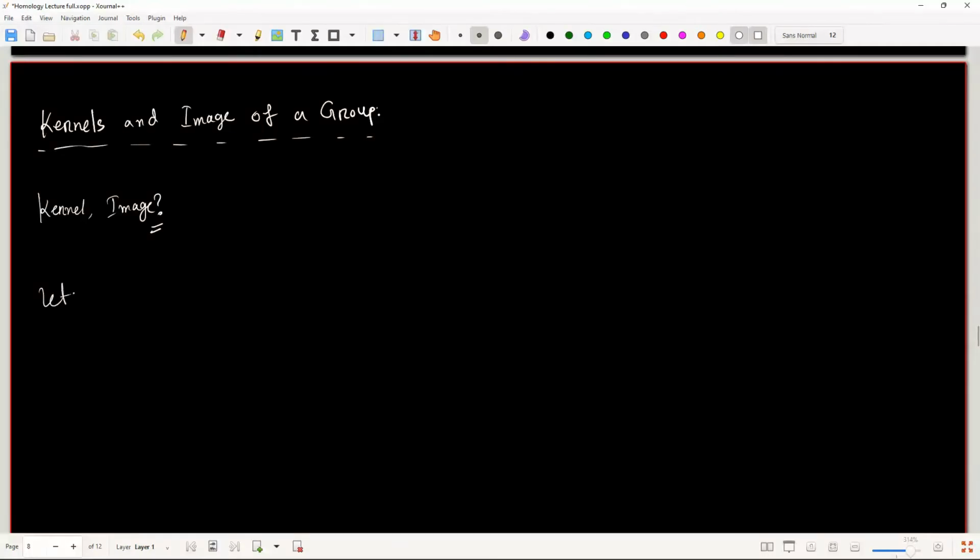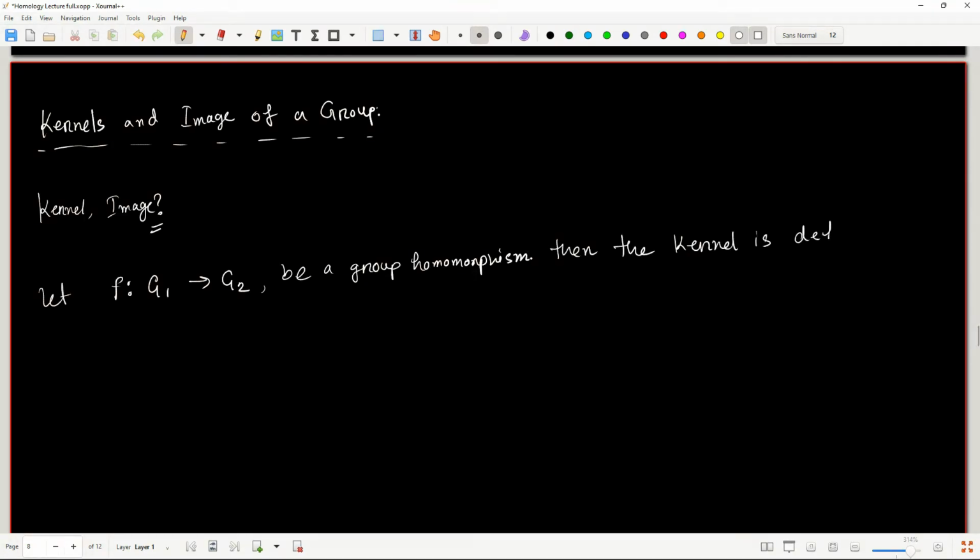So let F be a map from group G1 to G2, and this map is a group homomorphism. That means this map preserves the algebraic structure. Then the kernel is defined as the following.